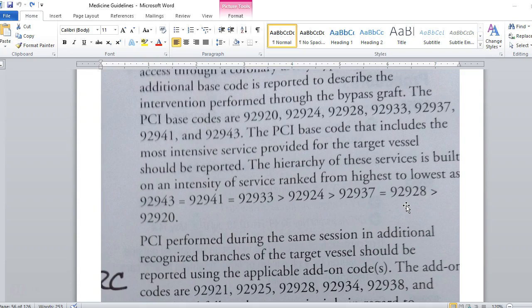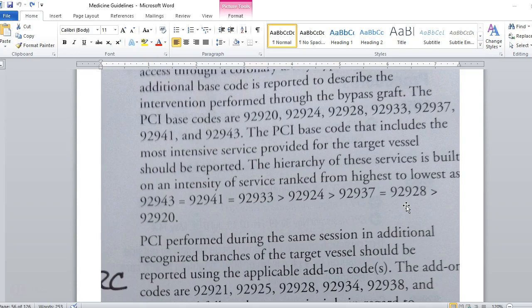92933, percutaneous transluminal coronary atherectomy with intracoronary stent and angioplasty when performed. So again, we need to know what we're doing, what is the main reason we're going in, and then we have indented codes for each additional coronary artery or coronary artery branch. Okay, so we want to be careful.